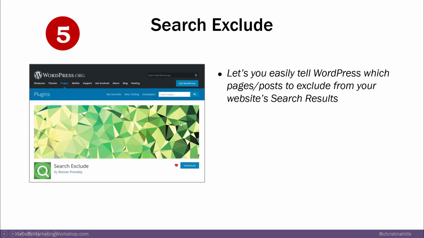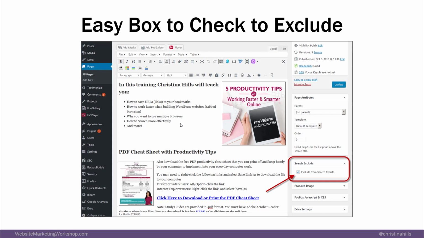So you just want to hide them. And let me just show you how easy it is. It's so easy. Inside WordPress on the right hand side, if you add that plugin, you'll see a little Search Exclude, and you just check the box so that people cannot find it on your site.